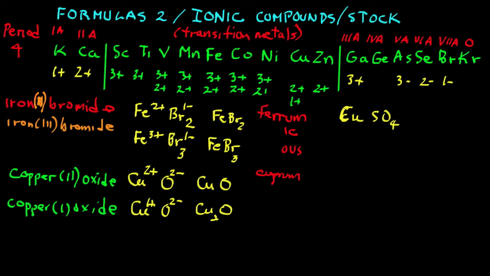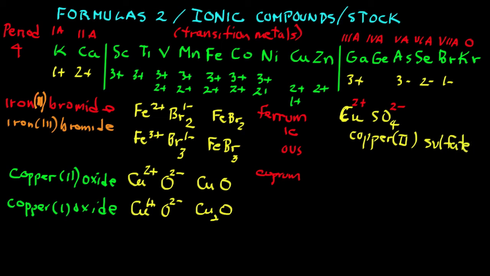Sulfate, you know, is always the same. It's a polyatomic 2-. So the copper has to be 2+. So this is called copper(II) sulfate.